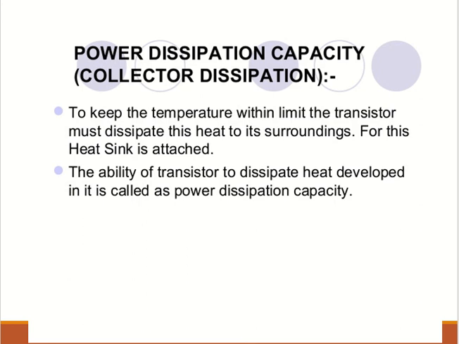So there is a need to dissipate the heat to the surroundings, so a heat sink is used. The ability of a transistor to dissipate the heat developed in it is called power dissipation capacity. If the power is not dissipated properly, then the device, the transistor, may burn. So it is very important to attach a heat sink.